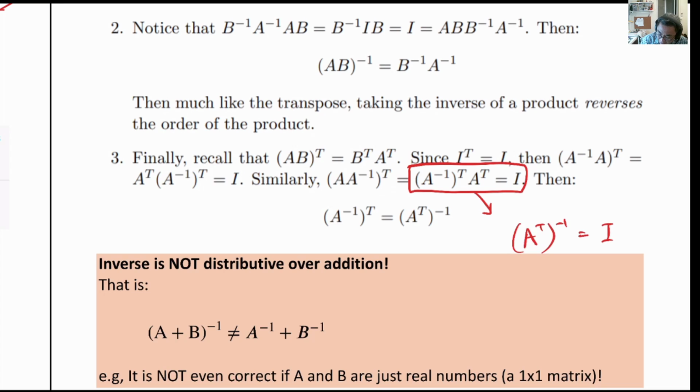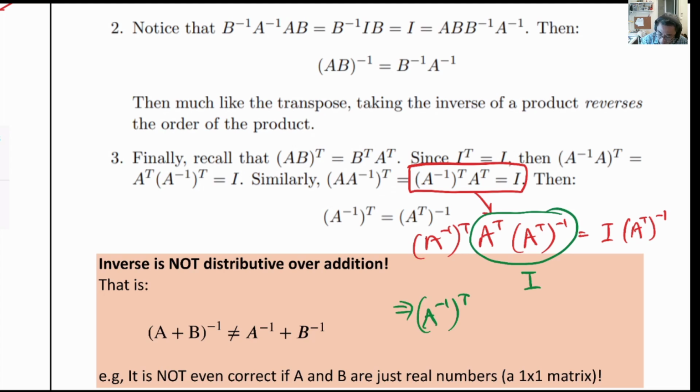Therefore, it is I multiplied by A transpose inverse. On the left hand side, we have A inverse transpose A transpose. We now recognize that this is equal to I, implying A inverse transpose is equal to A transpose inverse.